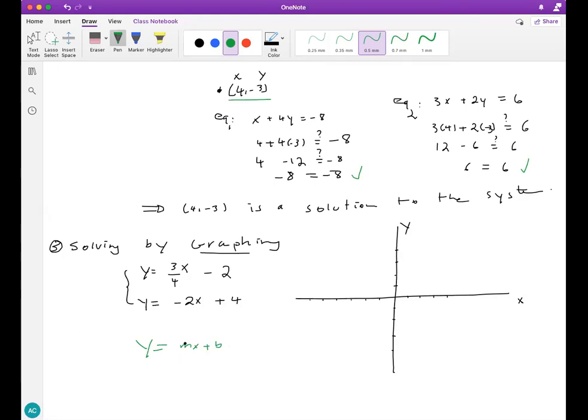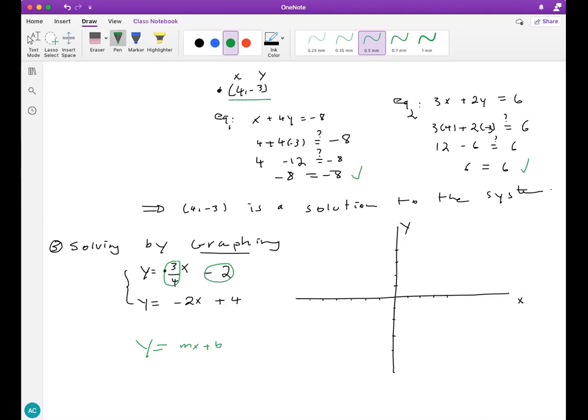What do we call this number m, and what do we call this number b? The slope is 3 over 4, that's right. This is the slope. And what do we call this? This is the y-intercept.